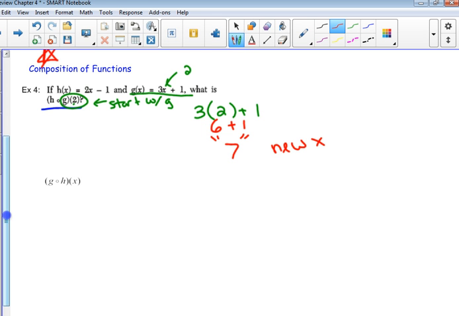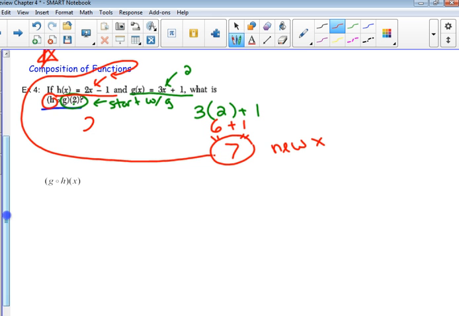And we're going to use the other function. So now I have to use my h function because I haven't used it yet. In your h function where you see an x, now we're going to take our new value and plug it in here. So it becomes 2 times 7 minus 1, which is going to give us 13. And 13 is going to be the final answer. Okay, so this is the one we want to use.